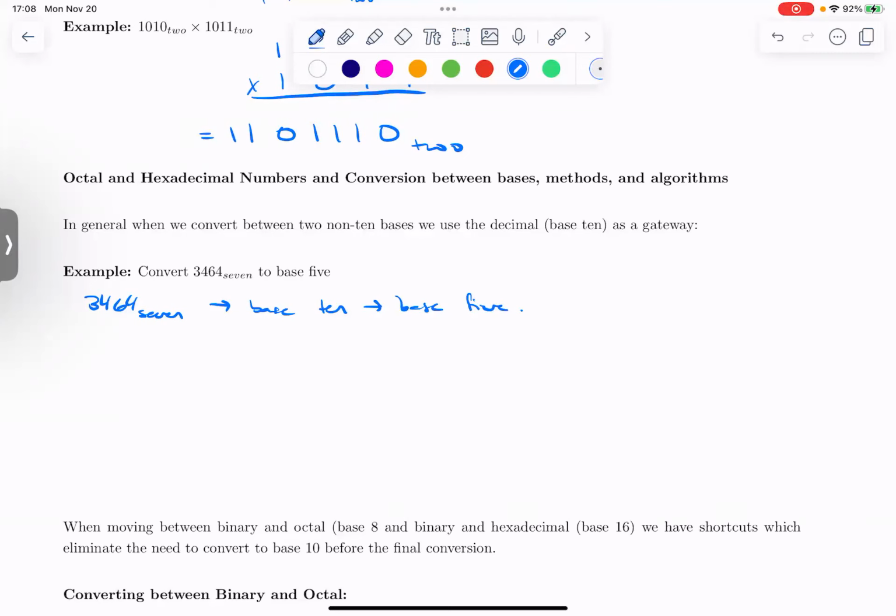I don't know the secret methods. To go from 3, 4, 6, 4 base 7 to base 5, dividing. And then whatever the numerator you get, you do that. I'll do it this way and then we'll check against it. I feel like dividing by 5 isn't going to work.